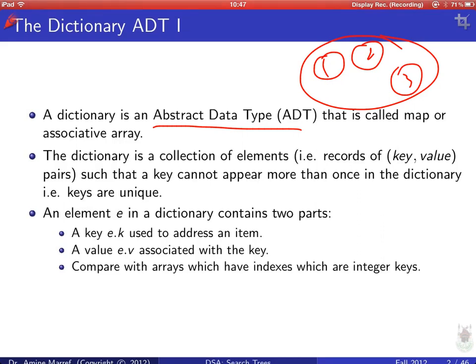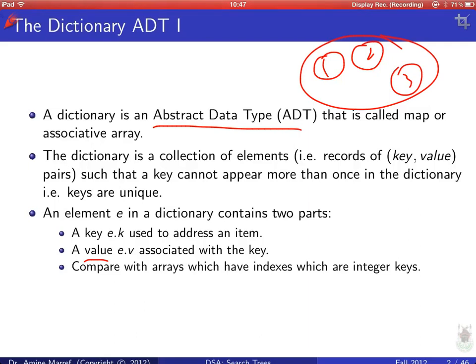A student record can have many fields like name, ID, date of birth, GPA, registered courses, status, lots of things. We are going to use one of these as the key, for example ID. The rest of the fields are the value. So we look at the record, pick one field, call it the key, and the rest we just call the value.